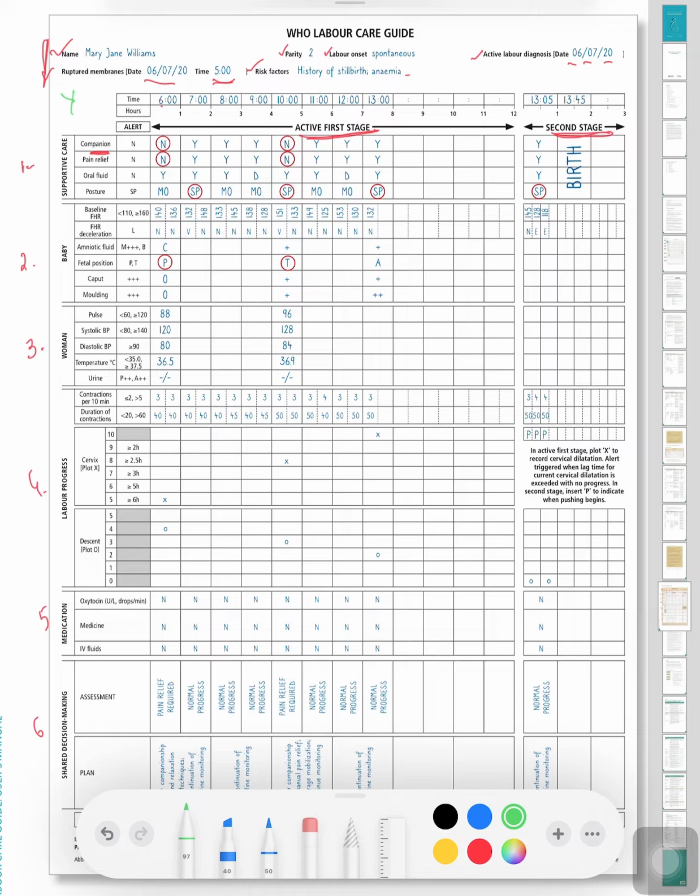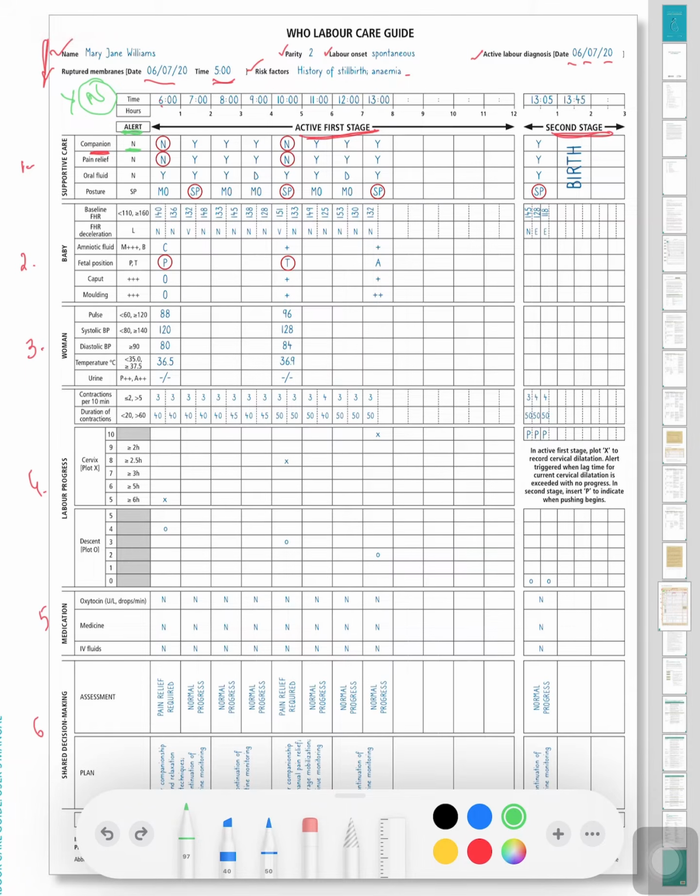And if her companion is not with her, you are going to write N, a no. And this no is an alert. You have to be conscious of the alerts. So the N is an alert, Y is not an alert. Whenever an alert is present, you are going to write it over here, and you are going to circle it with a red pen.